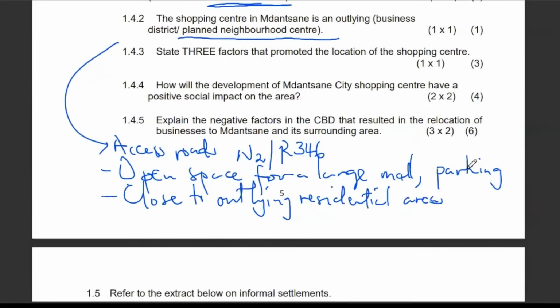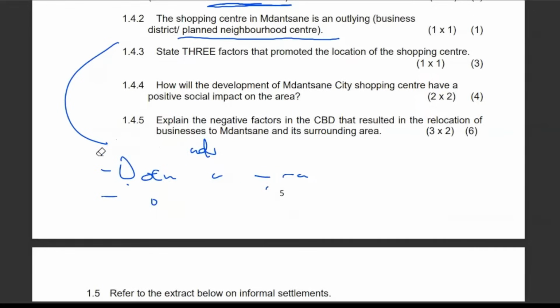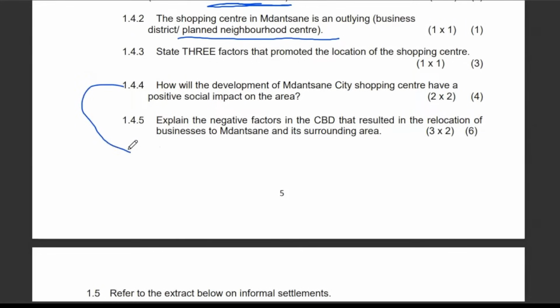Then the next question is saying, how will the development of Mdantsane City Shopping Center have a positive social impact on the area? The question is saying positive social impact. We are saying, how is the society around the area going to benefit from the development of that shopping center?